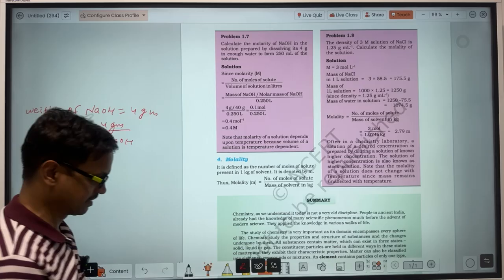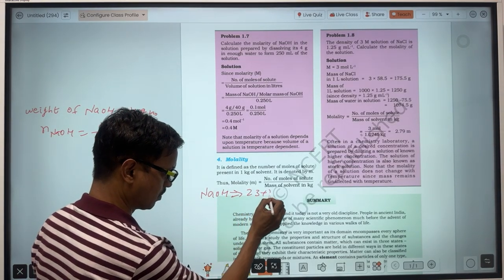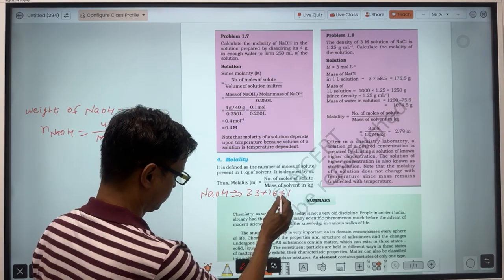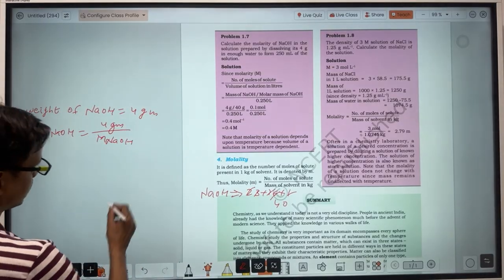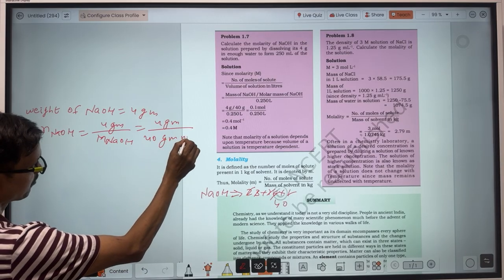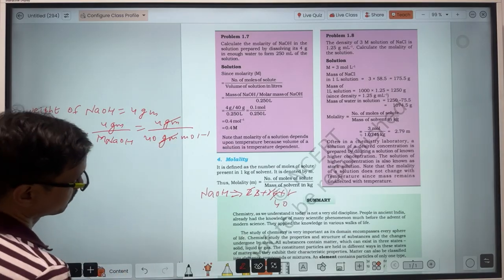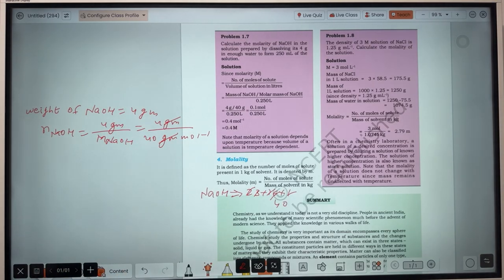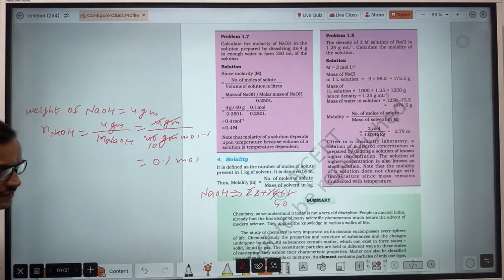Now find the molecular weight of NaOH: sodium 23, oxygen 16 and 1 hydrogen, which is 40. So the number of moles of NaOH will be 4 gram upon 40 gram per mole. Gram cancels out, and 4 upon 40 gives 0.1 mole.